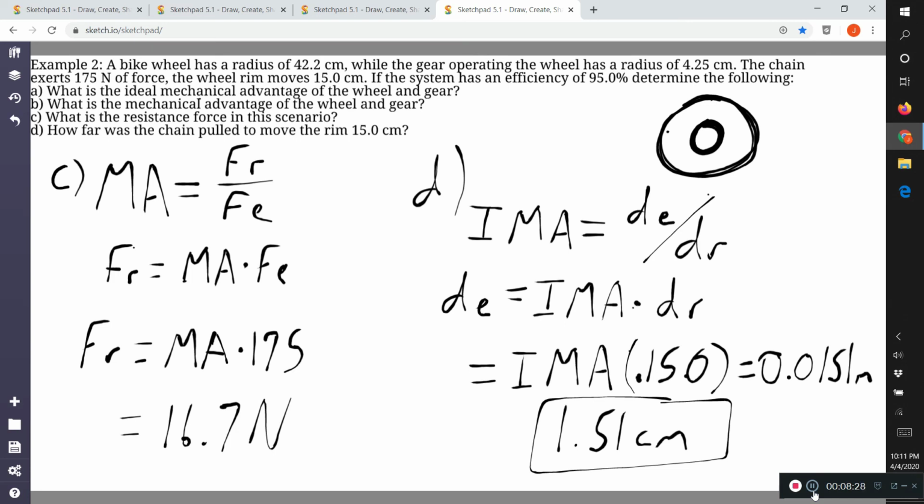But no machine, no matter what, is 100% efficient. Efficiency is always lost through bend or warp in the machine, friction, or a loss of force being applied in the directions we want it applied in. And so no machine will ever have 100% efficiency. If you ever get 100% or greater than 100% for the efficiency of your machine, you know you've done something wrong in your calculations. All right, see you next time.